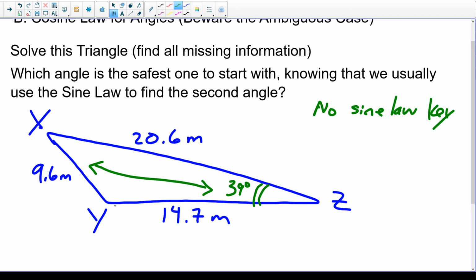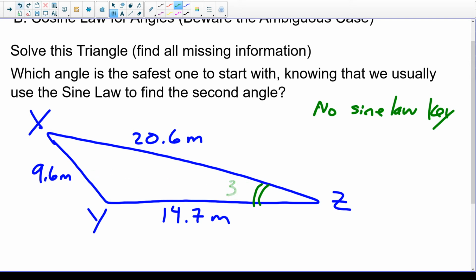Now, one way we could completely avoid it is by using the cosine law again to find our other missing angle, okay? But what's funny is in textbooks throughout my education, they always recommend using the sine law to find the second angle, which we're going to do in a minute, because it's faster, okay?